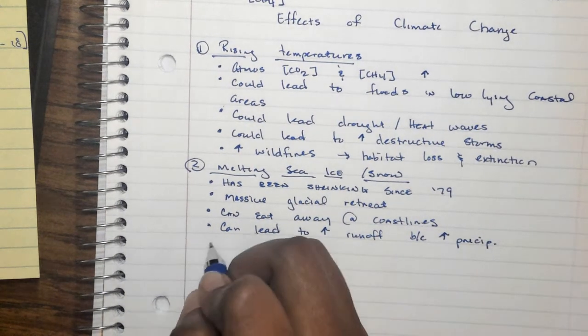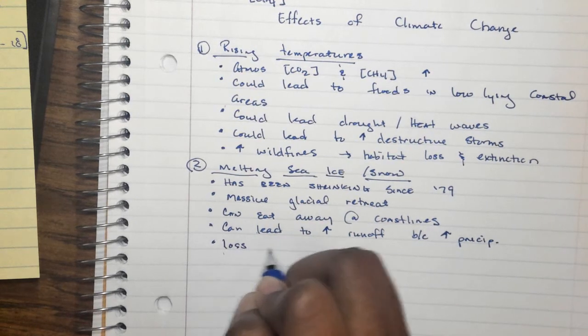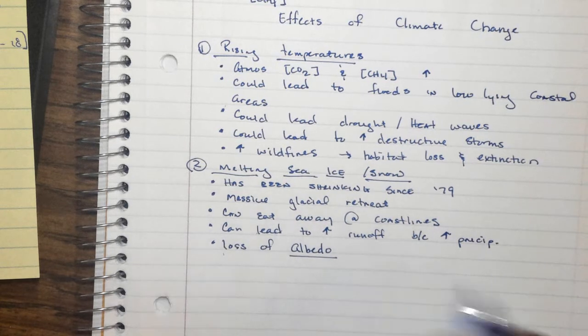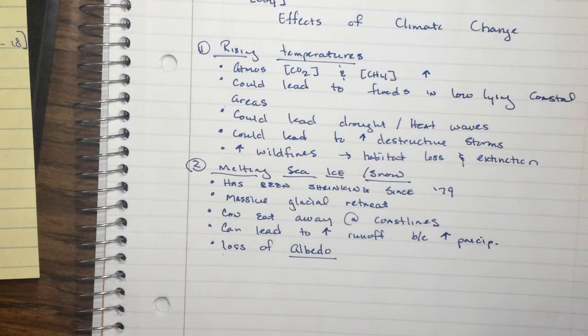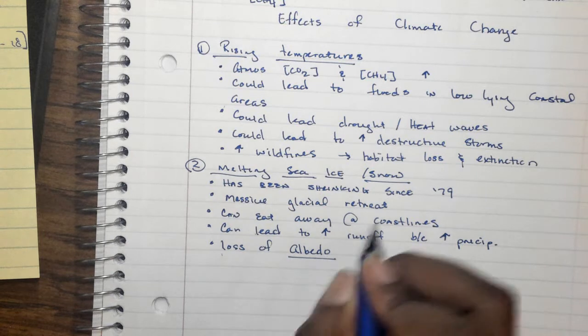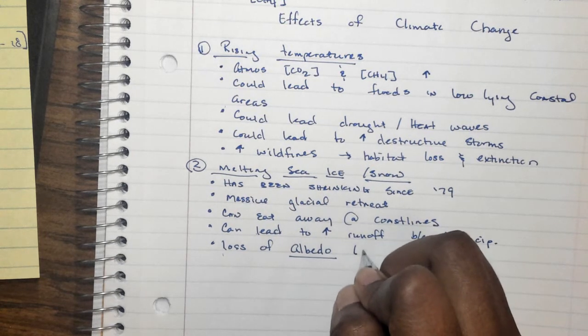One of the biggest things is the loss of albedo. Do we remember what albedo was? Good. Let me go ahead and put that as a definition.